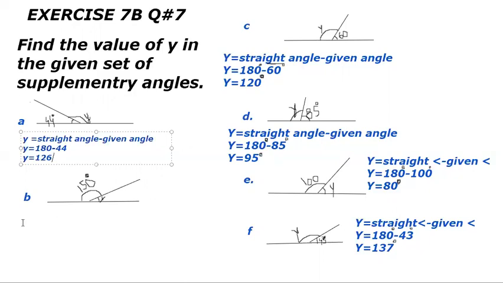B part of this question is this: the given angle is 150 degree and the unknown angle is angle y. I will solve this question using formula, and the formula is angle y is equals to straight angle minus given angle.